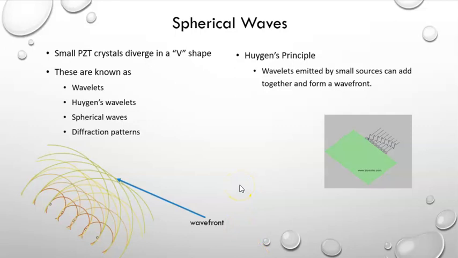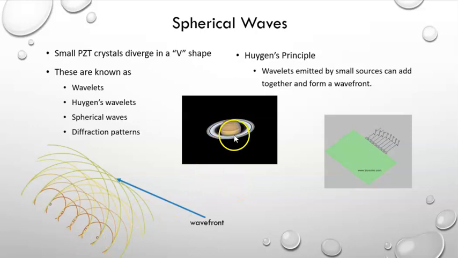I'm going to go off on a bit of a tangent here. If you get out a telescope and you look at the planet Saturn, you will see a planet surrounded by rings. Well, these are not actual rings. They are small little particles of ice that float around the planet.